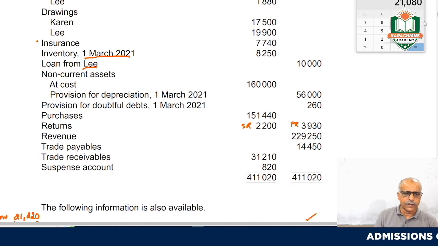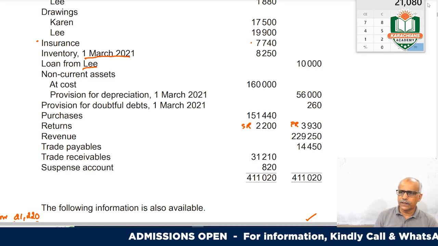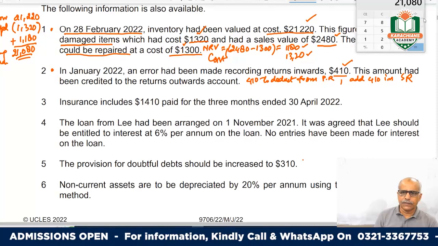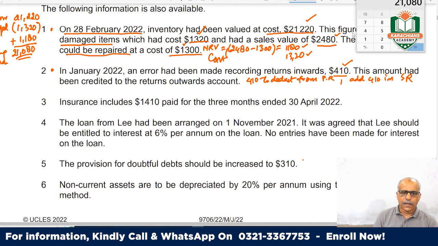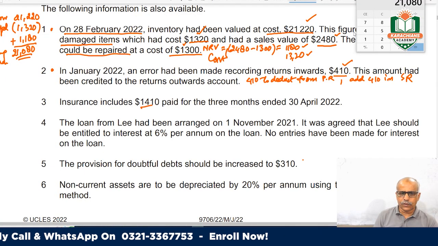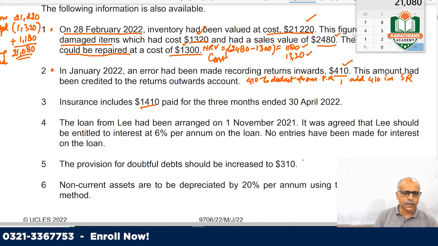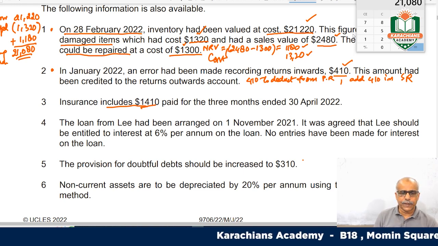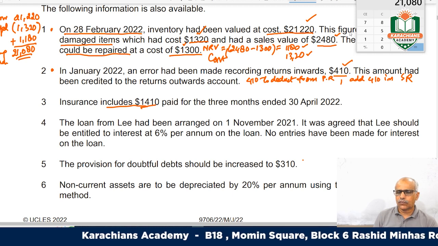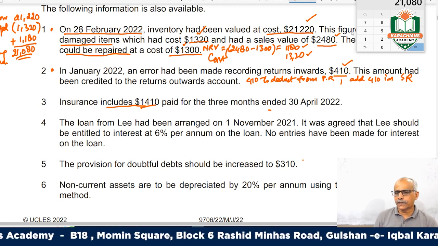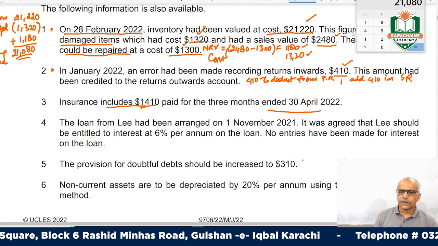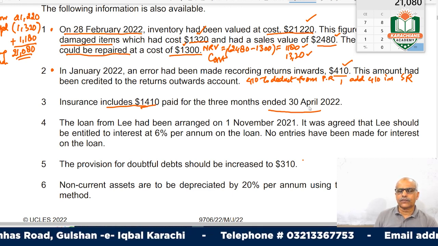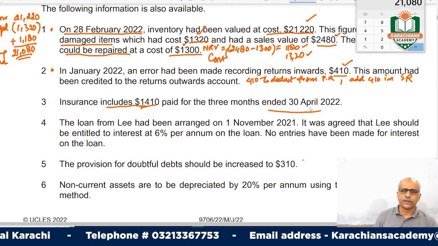Insurance is given as 7740. What he's saying is that in this 7740, an amount of 1410 is included, and this is basically prepaid. It was paid for 3 months ending 30th of April, right?